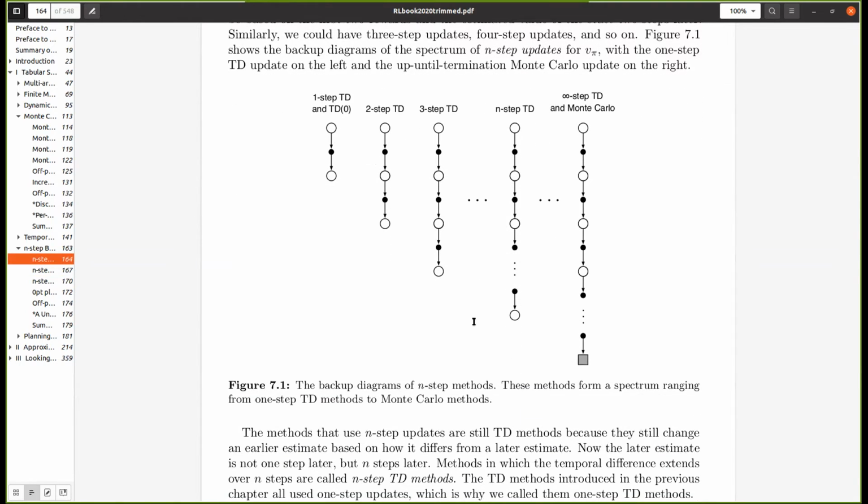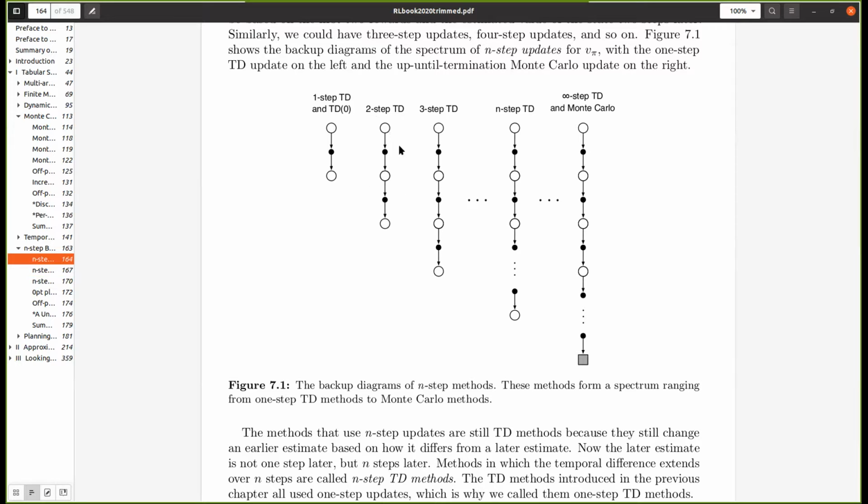This backup diagram should give us a good understanding of what we're dealing with. Here is a one-step temporal difference method, and that is something we dealt with before, right? So we just look one step ahead.